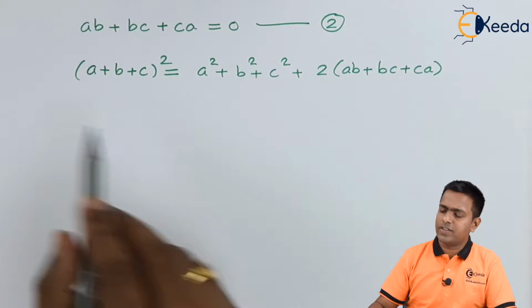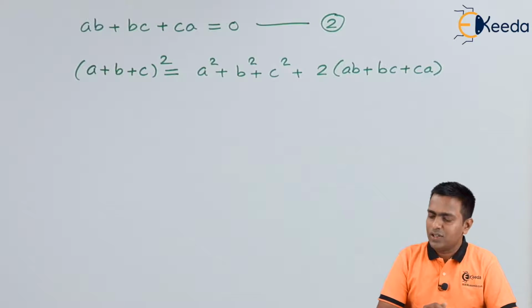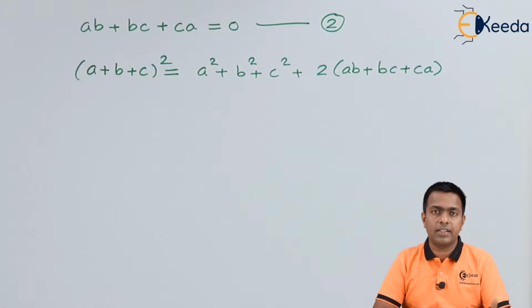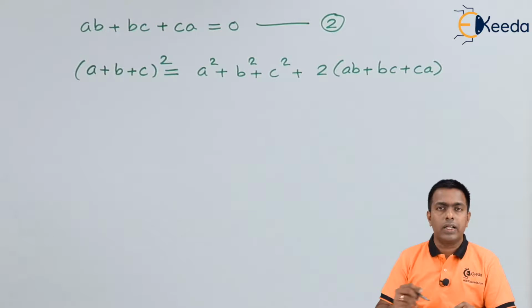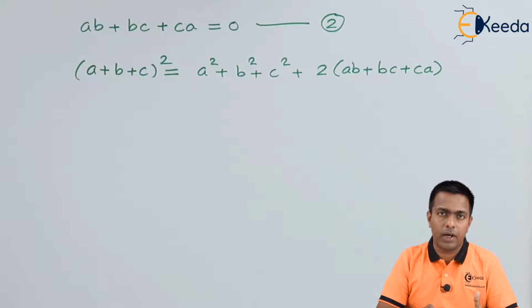So guys, we have seen this result in 11th and 12th standard. So I've taken square here purposely because in the given question, we have to prove that the value is sine square alpha plus sine square beta plus sine square gamma. So it means we want square over there.